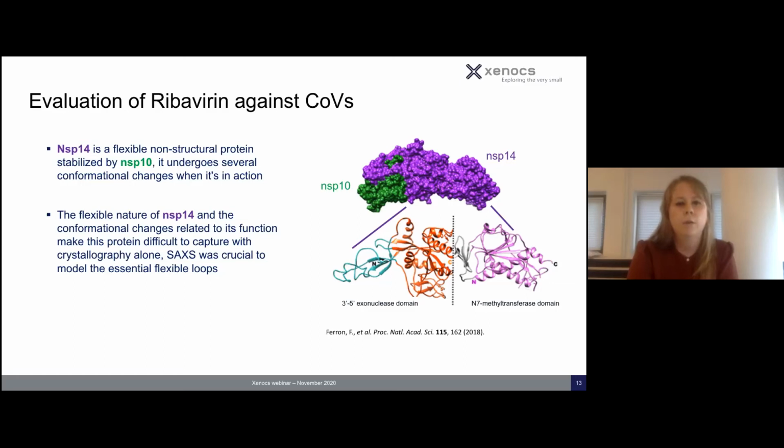It cuts out faulty RNA pieces. And that means that it also cuts out this nucleoside analog when it's built in. And using SAXS, they could elucidate these very flexible loops in this 3',5' exonuclease domain, which is responsible for cutting out the wrong RNA.